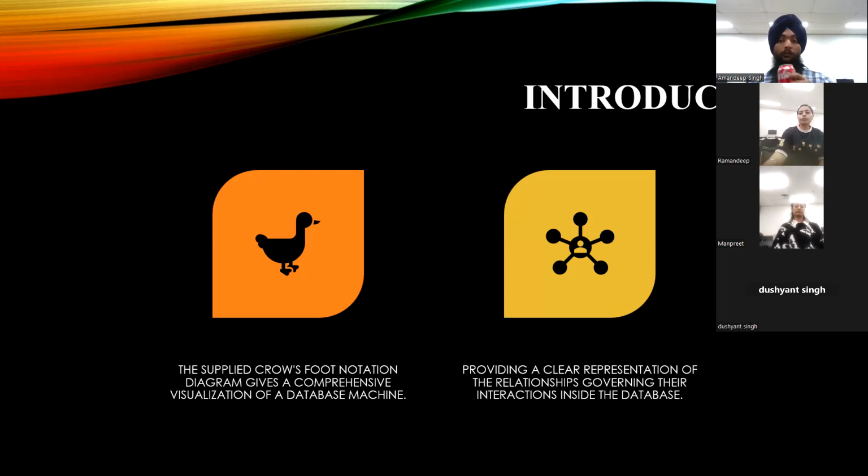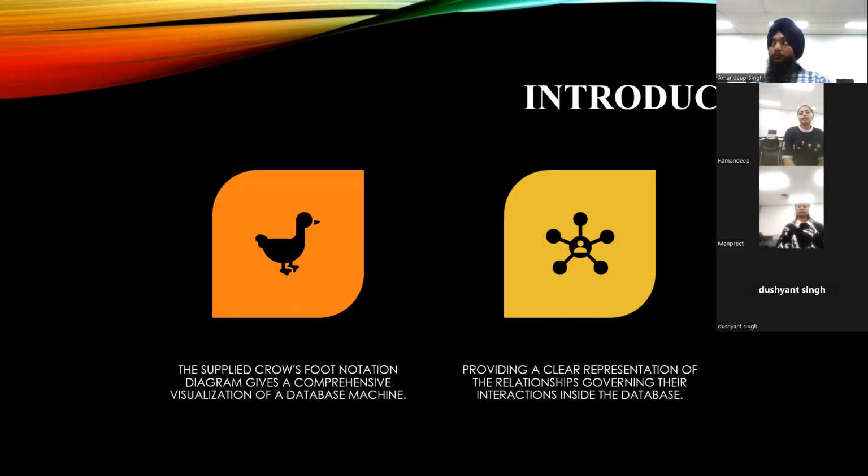So in crow's foot notation, we have the relationship between the entities and attributes that shows the entity relationship diagram. So crow's foot notation is a graphical representation of entity relationship, and here we have one major definition that we can say is the cardinality. It shows the parameter and the relationship between different entities and the attributes.